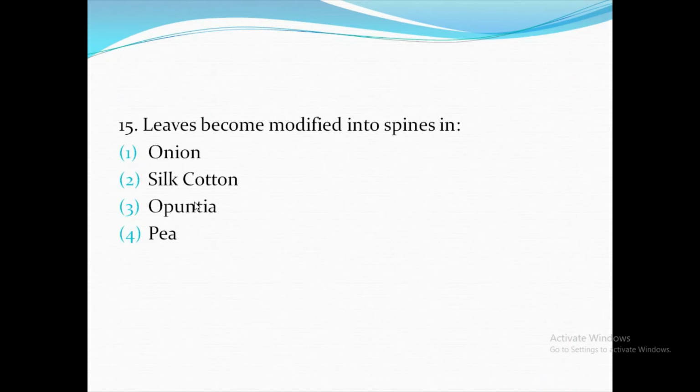If leaves are there, the chances of losing water through transpiration are more. That is why in opuntia the leaves are modified into spines, to reduce the water loss, and the stem takes up the function of photosynthesis. So here the answer is opuntia.